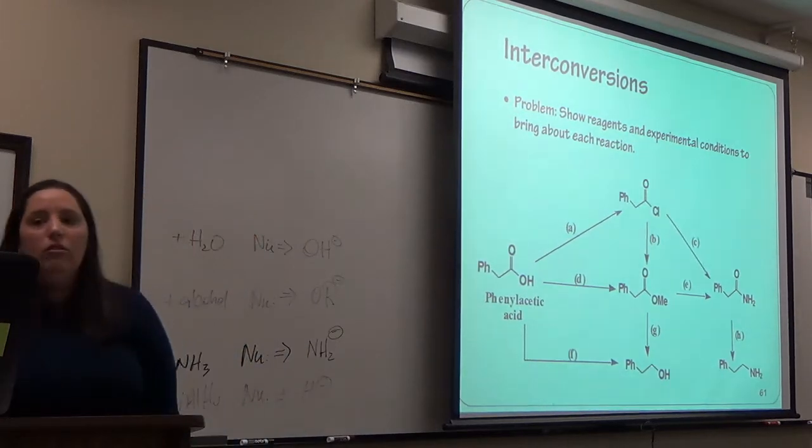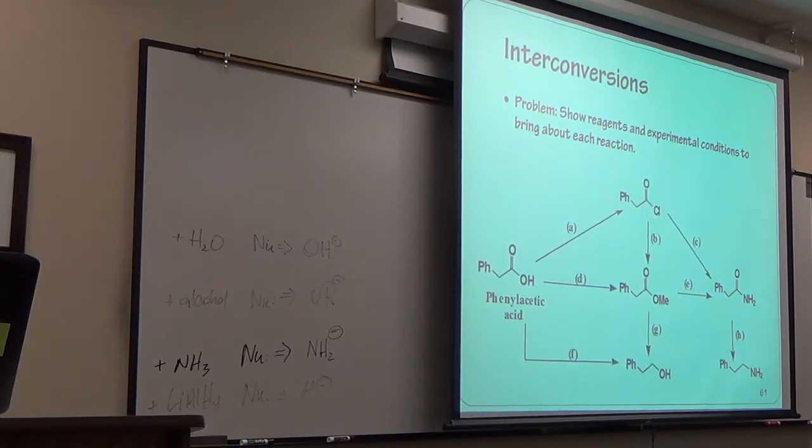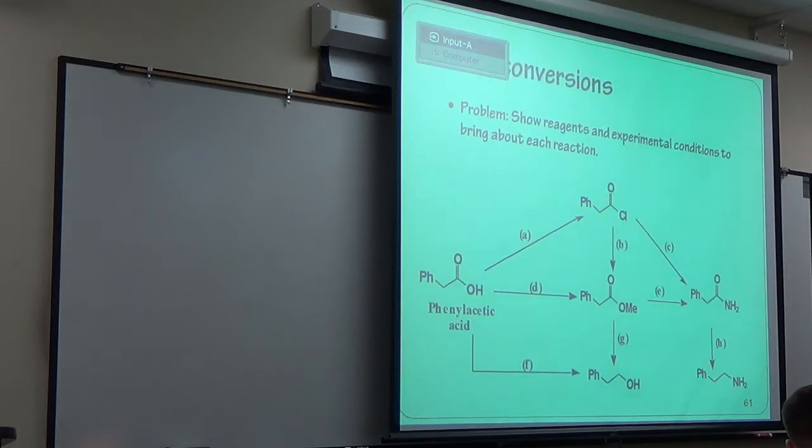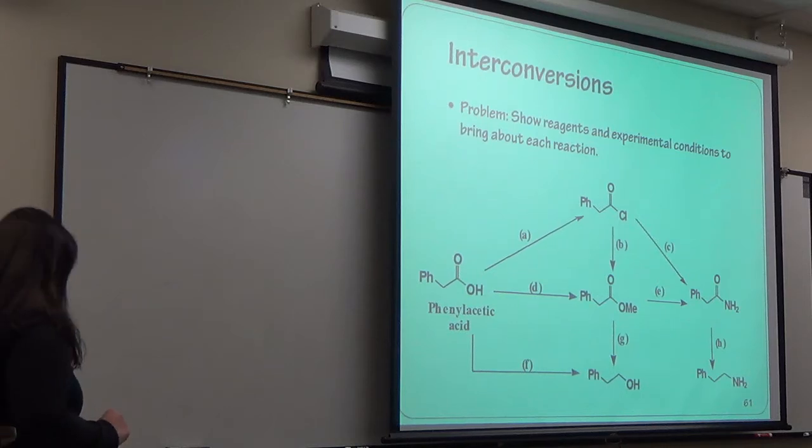Okay, so I'll leave you with this slide, and this basically summarizes most of the reactions that we did here. This is the last slide on chapter 18, and it's those interconversions.